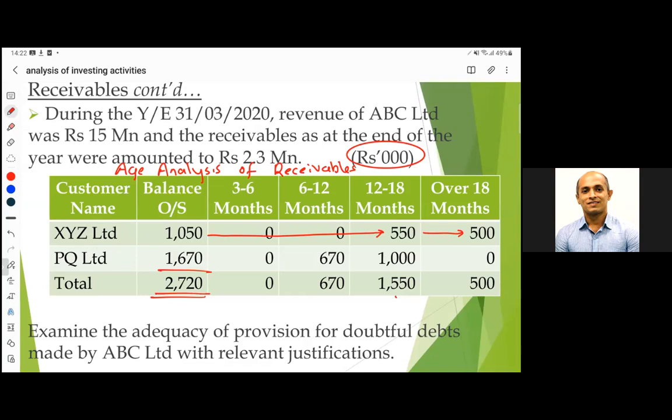Then the next customer, PQ Limited, out of 1670 balance, 670 is due 6 to 12 months, and balance 1000 is due 12 to 18 months. So these 2 customers' balances seem long outstanding.